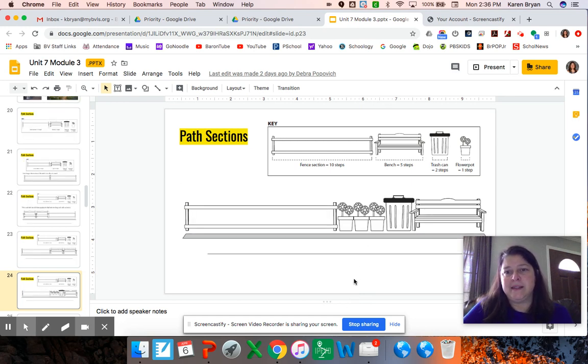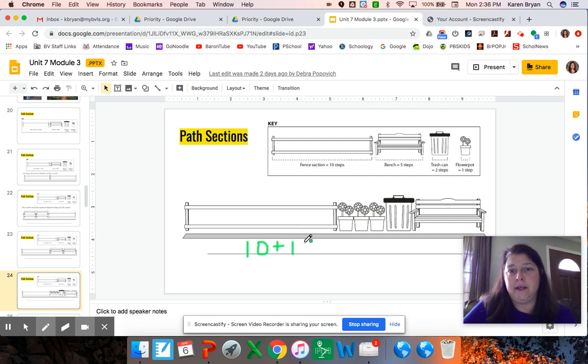Here's another path section. We're going to have a lot of add-ins to add this one. Take a look. Here's our fence section. Remember, our fence section is worth 10. We're going to add that to our flower pots. Do you remember how much each of our flower pots is worth? Each one of these is worth 1, and I would need to make sure that I put each of those ones into my equation.